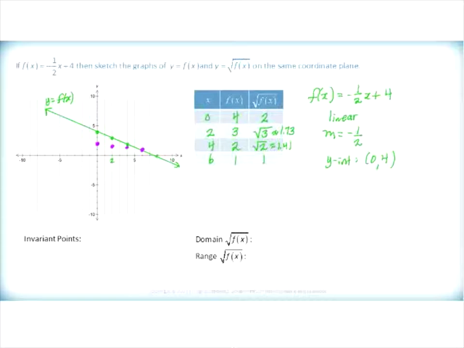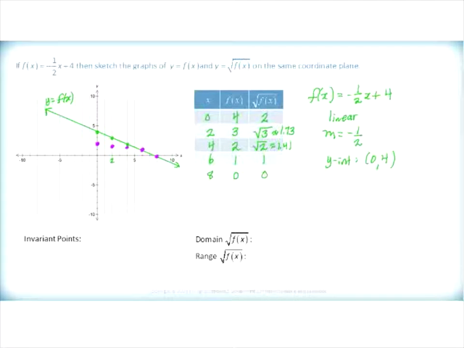And as well, when x is equal to 8, we have the y-coordinate to be 0, and the square root of 0 is 0. So the coordinates (8, 0) will also be on the new function, the graph of the square root function.